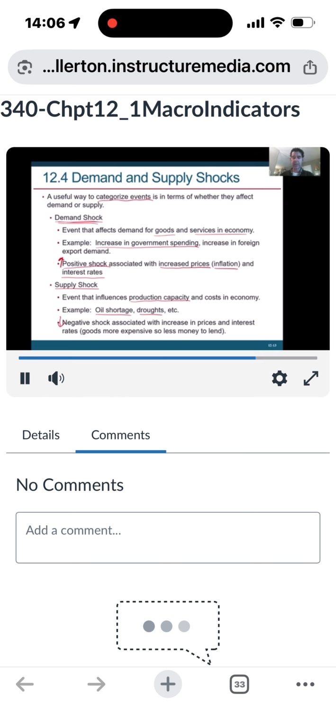So a negative supply shock is associated with increases in prices, right? Because if all the oranges get wiped out by like an early frost or something like that, then the supply of oranges goes down. If everybody's still demanding orange juice and there's less oranges, then the price is going to shoot up. So in this case, a negative supply shock is associated with an increase in prices, which again is inflationary, right?